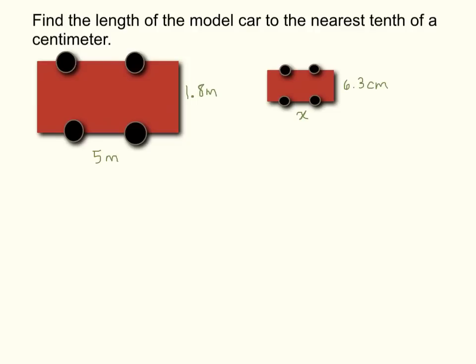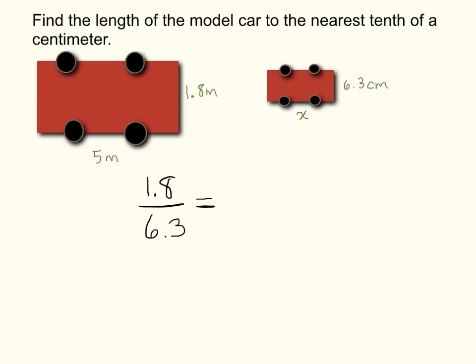What I like to do is start with the smaller side. So I'm going to do 1.8 over 6.3 equals, and you'll notice I did the width over the width, and now I'm going to do the length over the length.